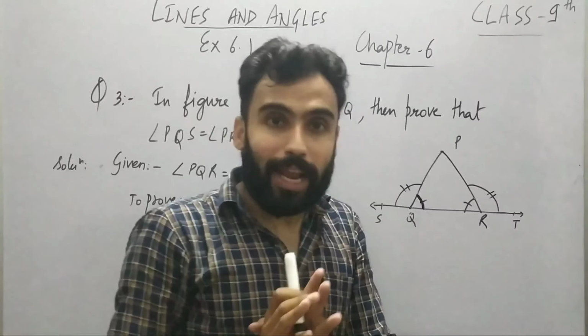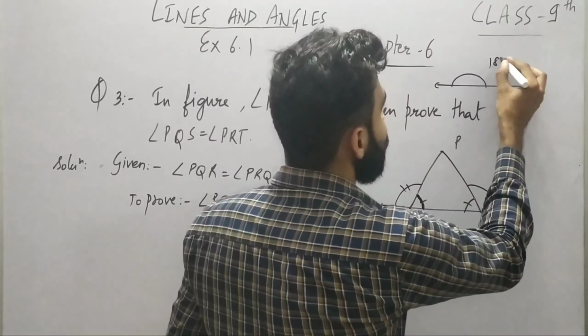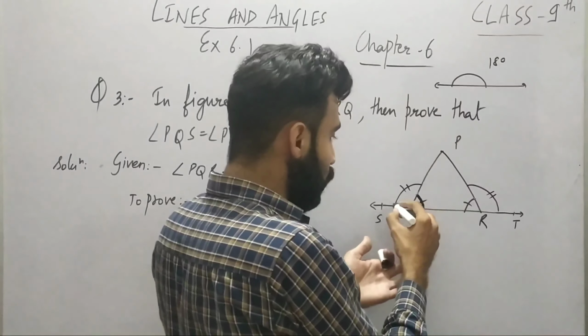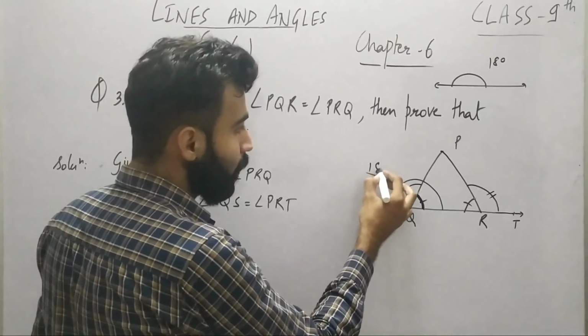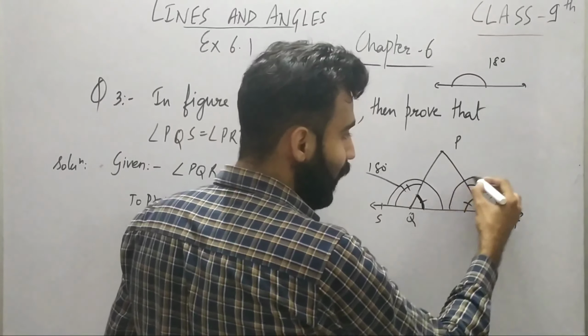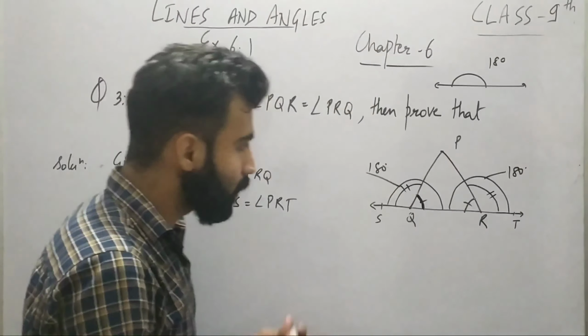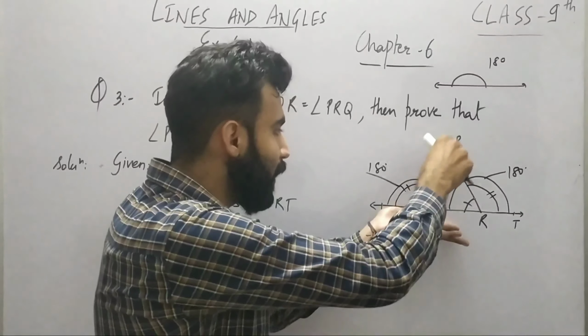And you know that the angle of a straight line is 180 degrees, right? So this angle is completely of 180 degrees. Also, if you observe, this angle is also 180 degrees, right? So it is clear now that this straight line has a ray PQ standing on it.